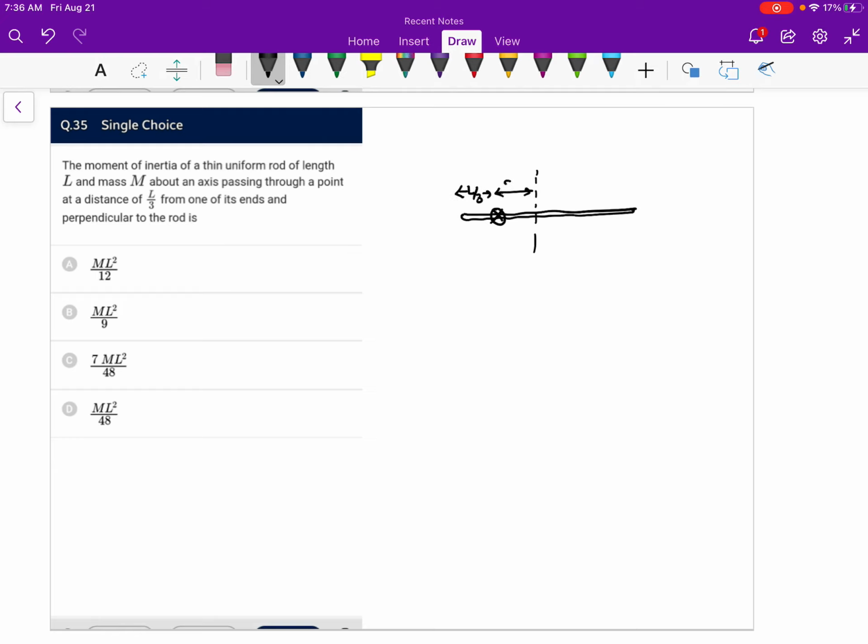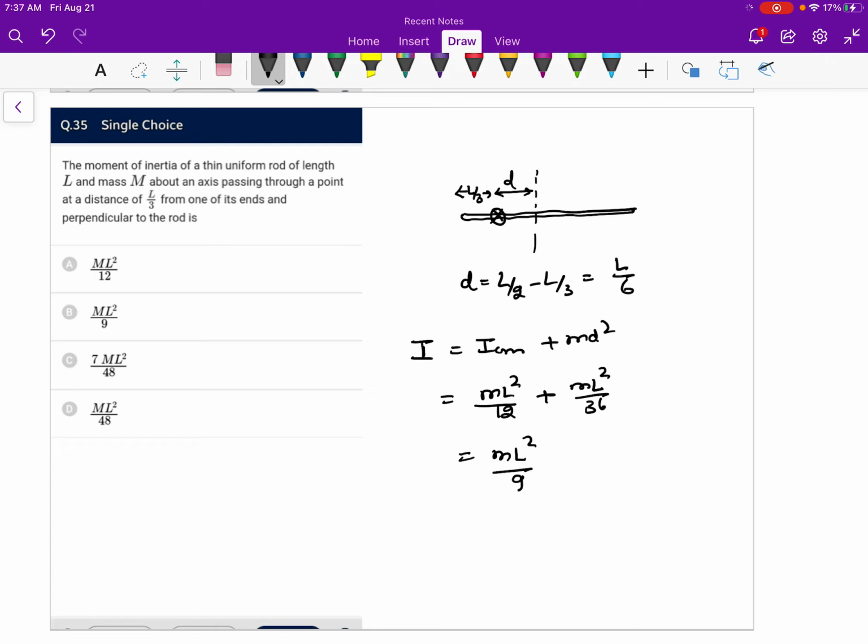So this distance D is L/2 minus L/3, which is (3 minus 2)L/6. So I is ICM plus MD square. So ML square by 12 plus ML square by 36. So that is ML square by 9. Okay, so B is the correct option.